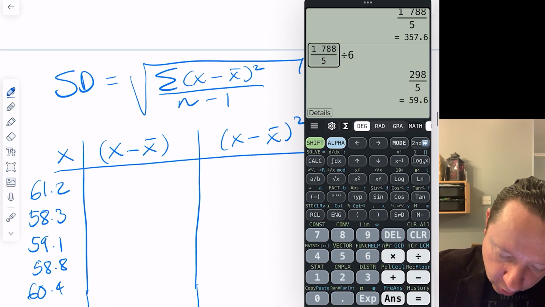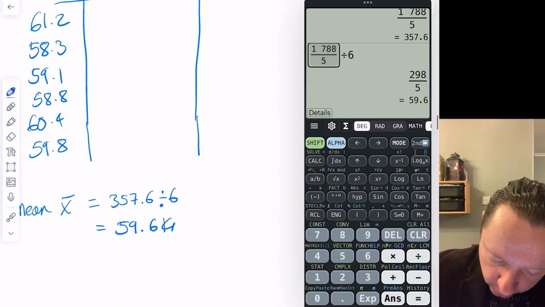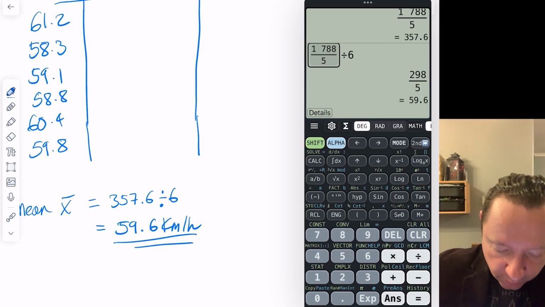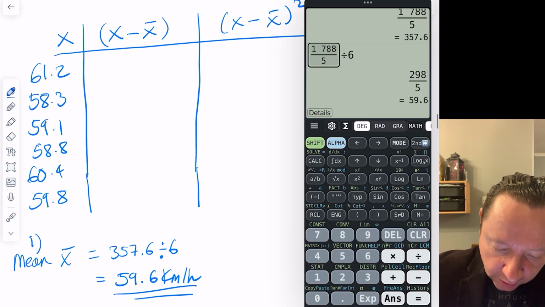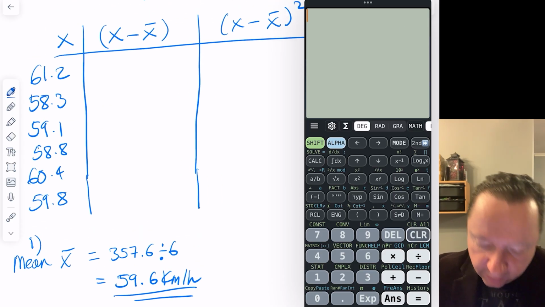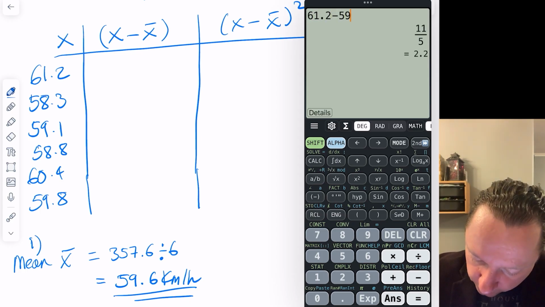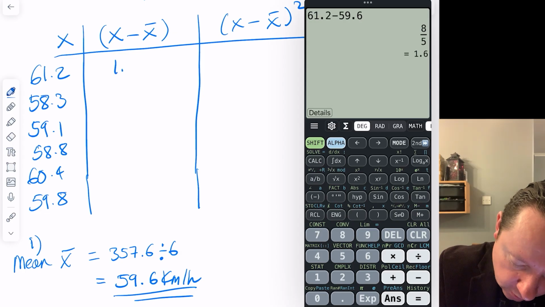And the units were kilometres per hour. You won't usually lose marks for not putting units in, but I'll put it in for the sake of completeness. So that's been done part 1. I've done the mean. Now I'm going to do the standard deviation. So we take away 59.6 from each of the numbers on the left. 61.2, 1.6 is our first one.